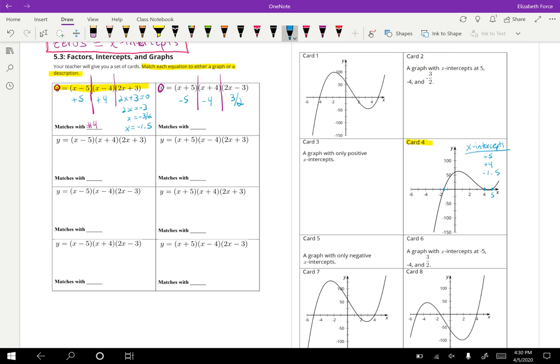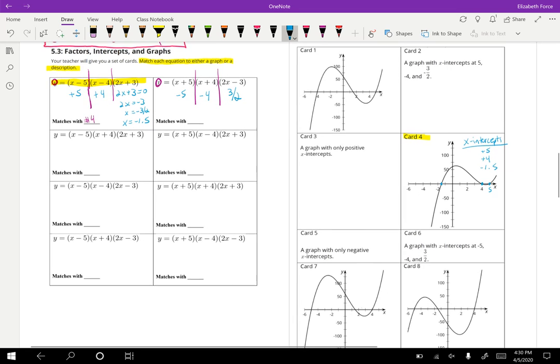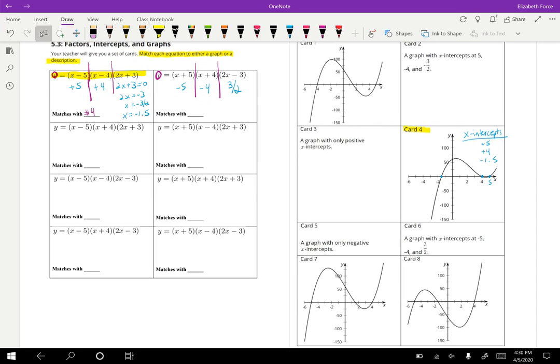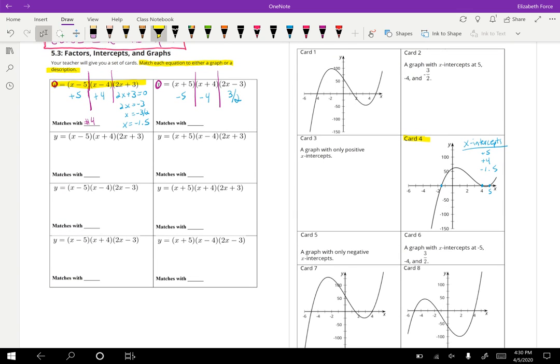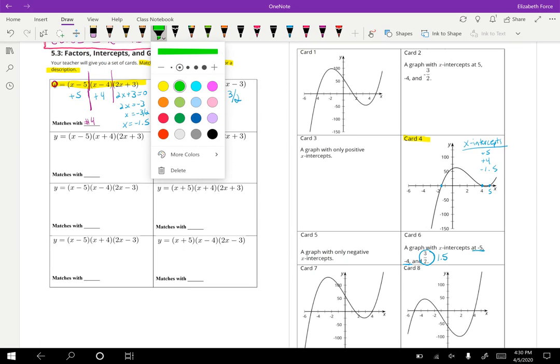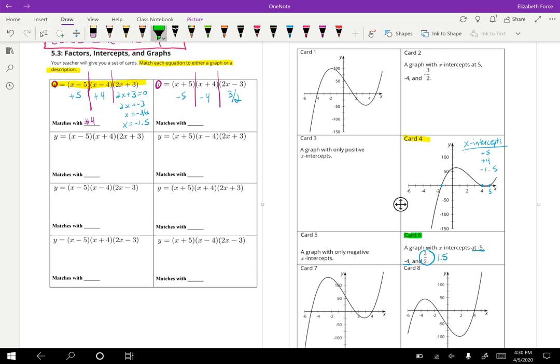So my 3 x-intercepts are negative 5, negative 4, and positive 1.5. I see that right here on card number 6. 3 halves is the same as 1.5. So we're going to match card 6 with this function.